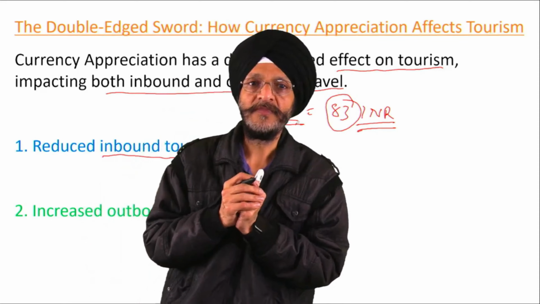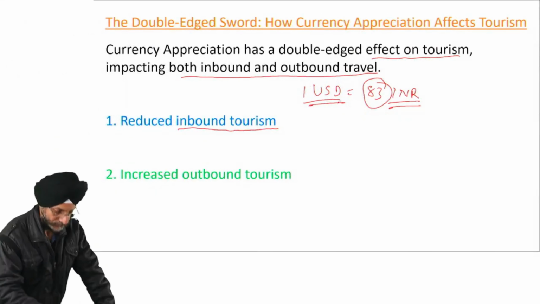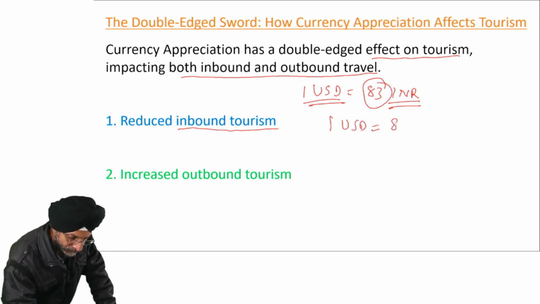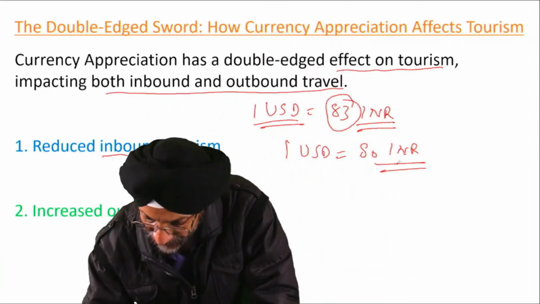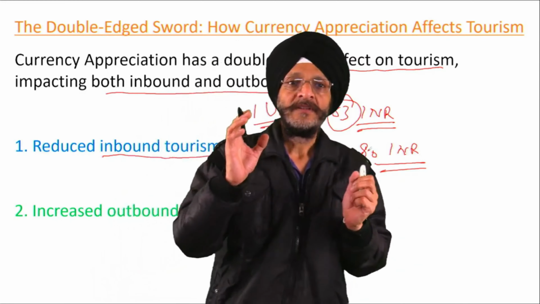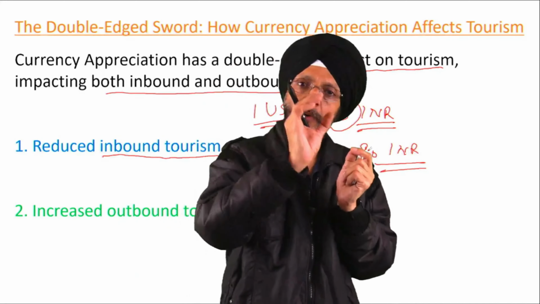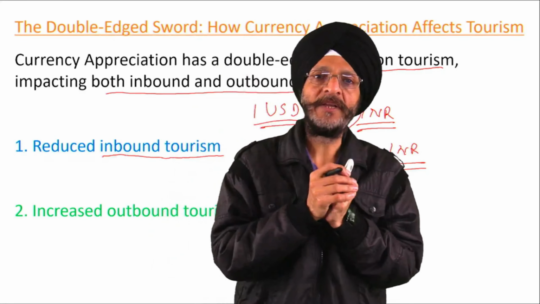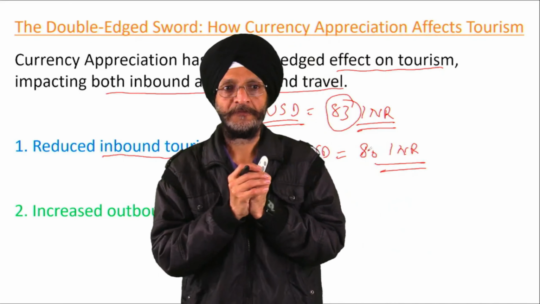Suppose the currency of India appreciates. Now the value of the Indian rupee has appreciated and $1 is equal to 80 Indian rupees. That is, now the tourists from USA will get less Indian currency in return for 1 unit of US dollar.